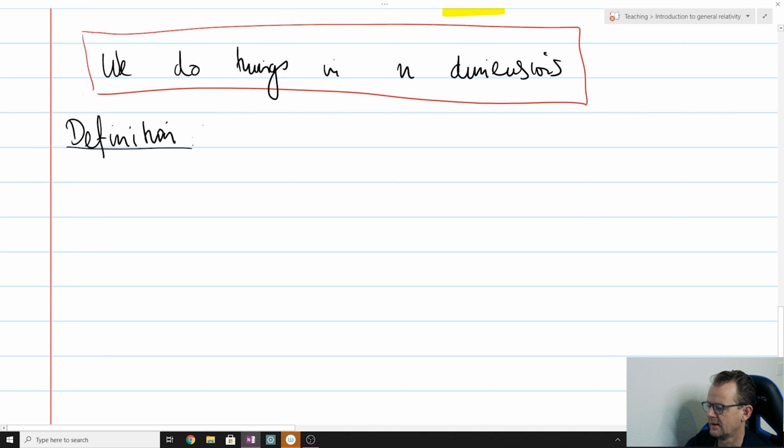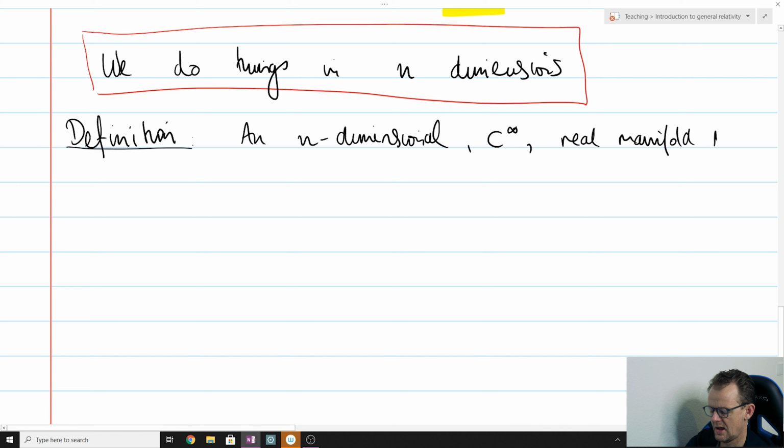Definition, right? An n-dimensional C infinity, so there's this notion of smoothness there already, real manifold M. What is it? It's a set.